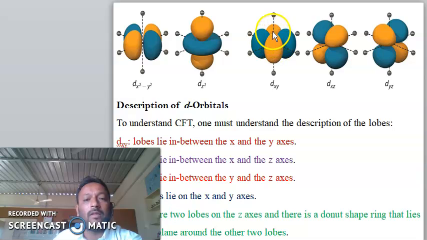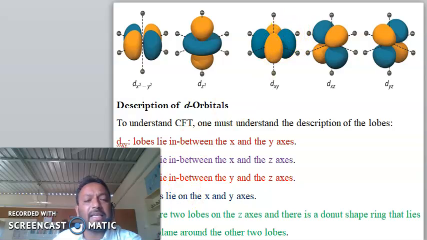Suppose this is the x axis and this is the y axis, so this dxy is in between the x axis and y axis. These two lobes, this blue colored and this yellow colored, are in between the x axis and y axis.